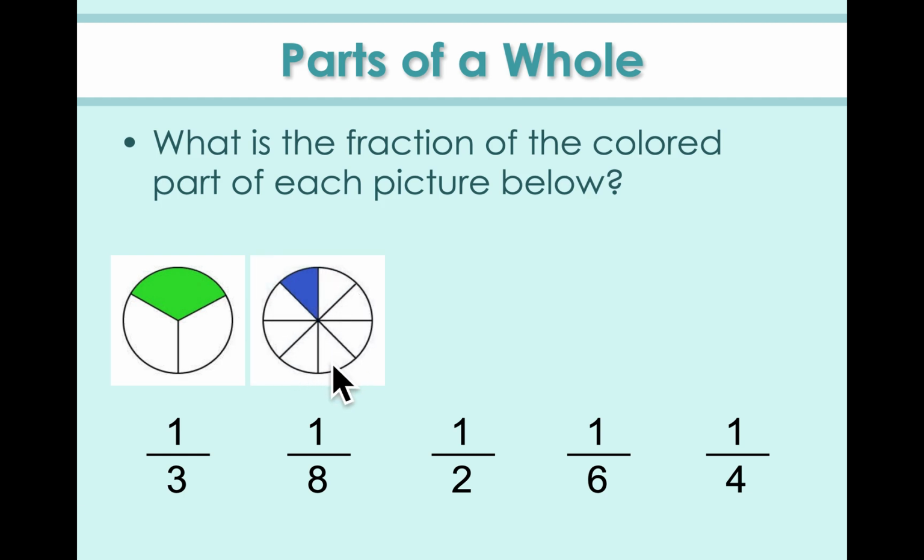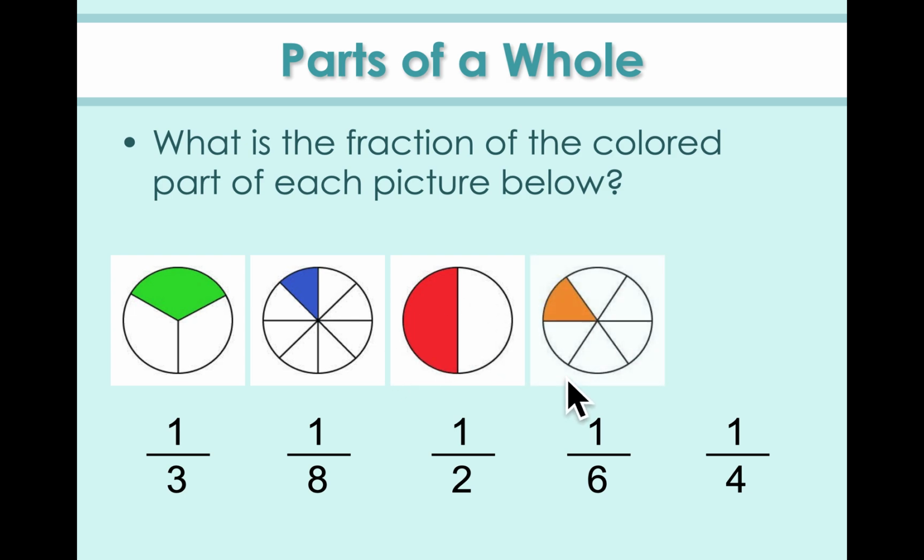Over here, 1/8 means 1 out of my 8 pieces are shaded in. 1/2 means 1 out of my 2 pieces are shaded in. 1/6 means 1 out of my 6 pieces are shaded in. And for my last one, 1/4, which means 1 out of my 4 pieces are shaded or colored in.